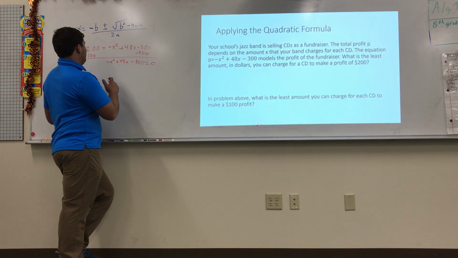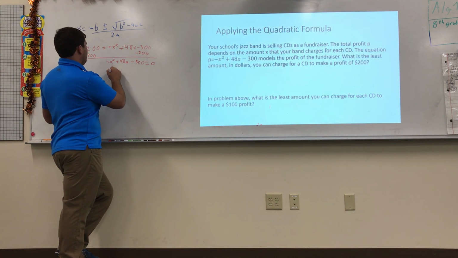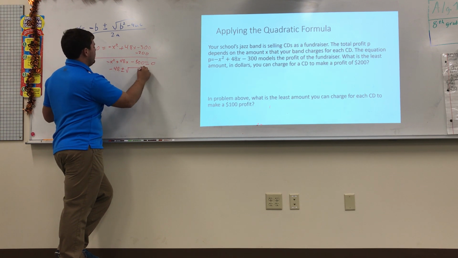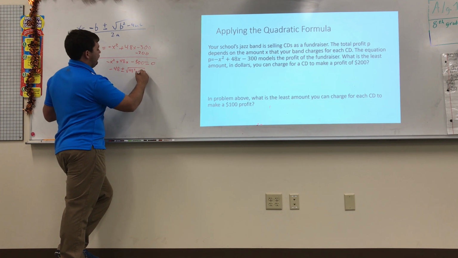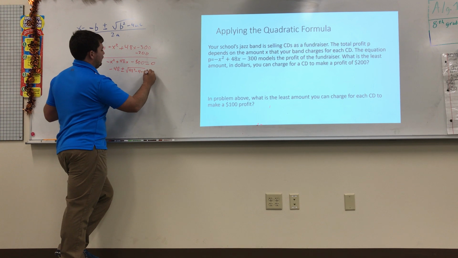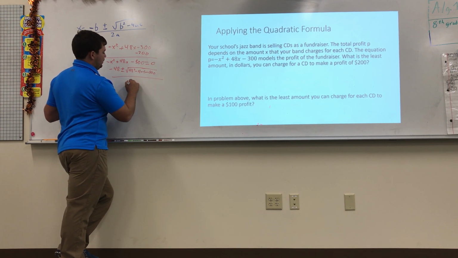Okay, now I'm going to put that into this formula. So you're going to get negative 48 plus or minus the square root of 48 squared minus 4 times a, negative 1, times c, negative 500, over 2a, which is 2 times negative 1.